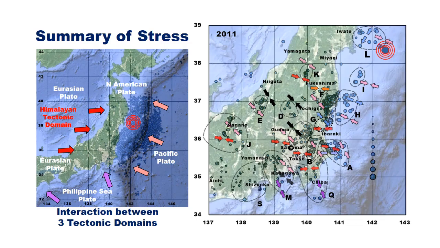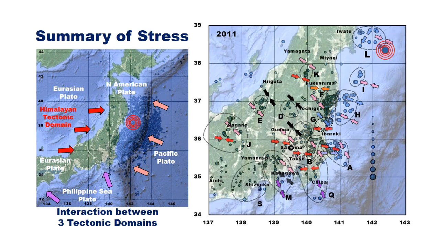This figure shows the determined stress tensors. The red one is EW compression, the pink one shows NW-SE compression.